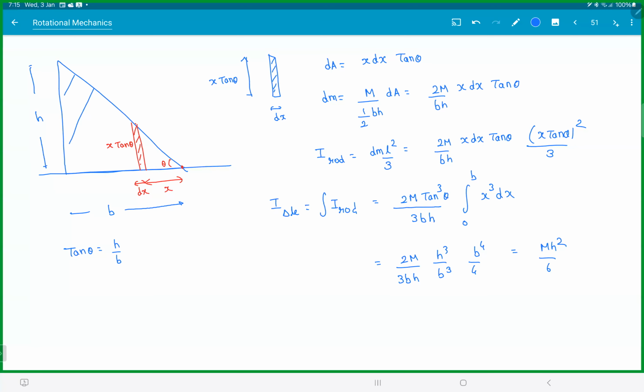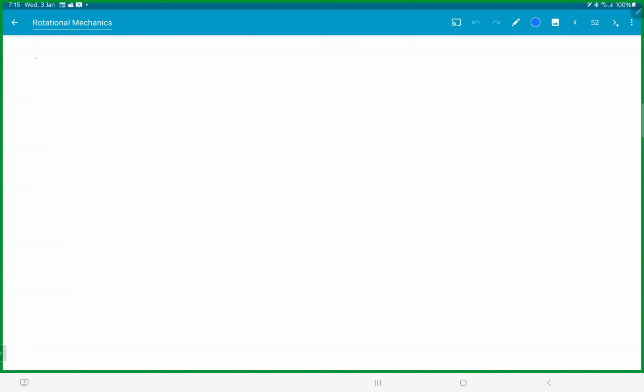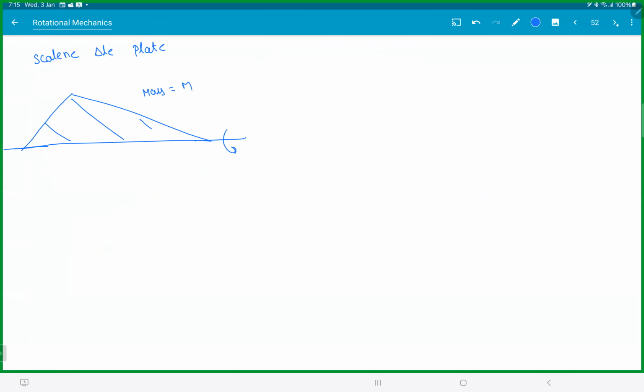Clear? Now a better result than this, for example, if you take a scalene triangular plate, again remember this result only works about the base. And let's say this height is h. I can split this triangle into two parts. The scalene triangle can be split into two right angle triangles.